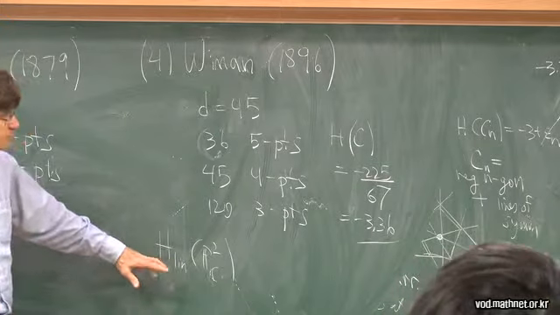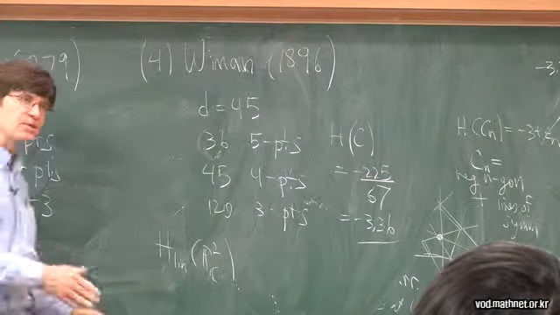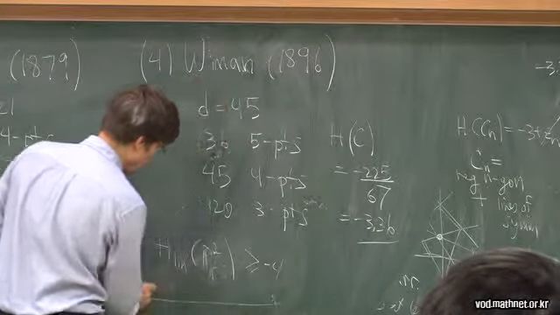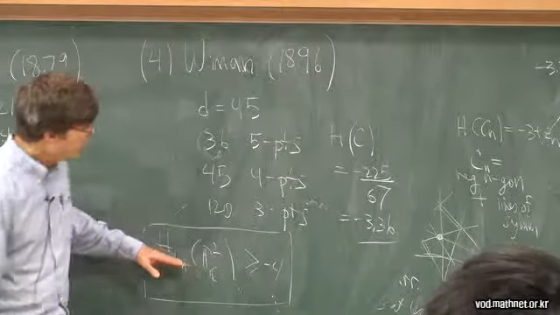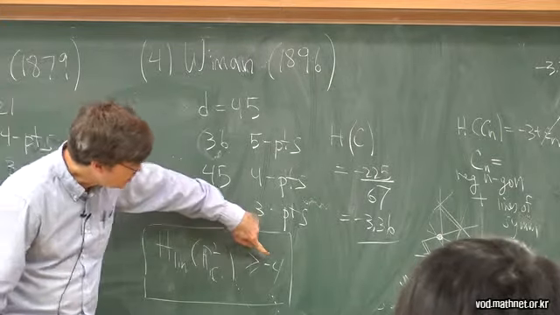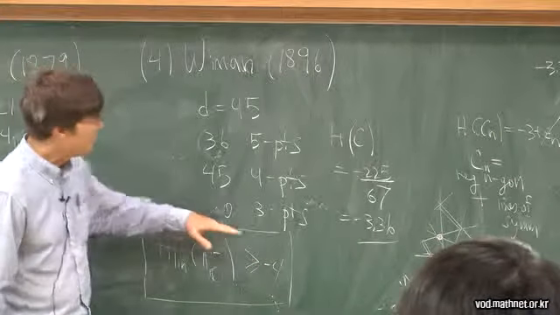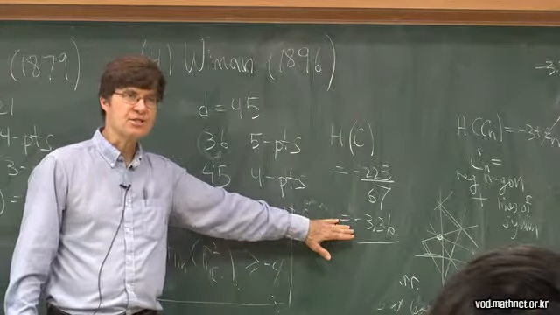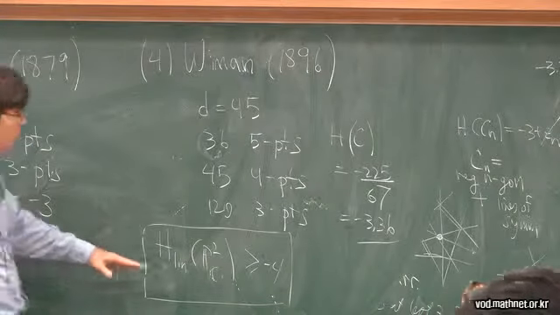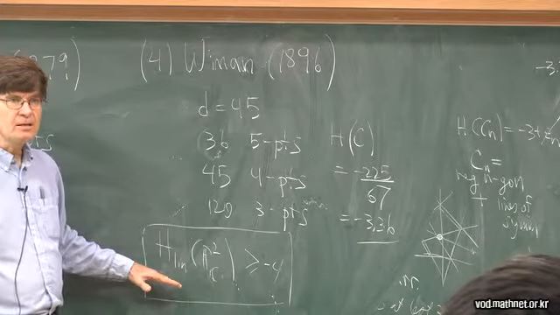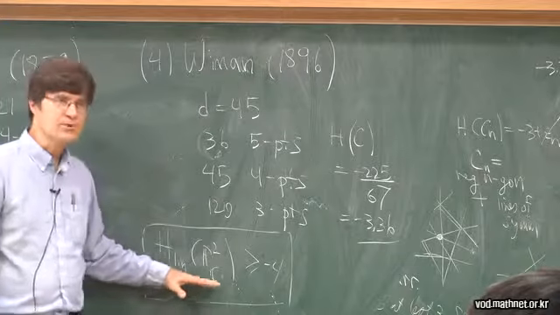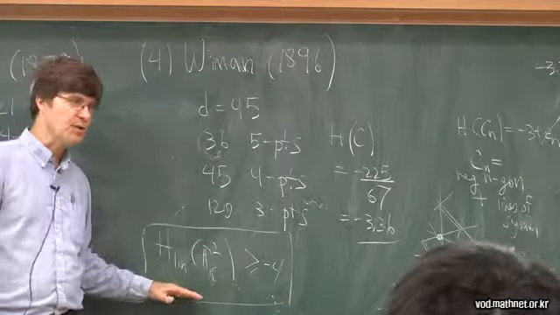Well, I don't have time to explain it, but it would be interesting to know if the linear h constant actually achieves -4, or if this is the best you can do, and we don't know. So an open question would be, compute this. But this is all that we know so far. We have no ideas how to do any better than this.